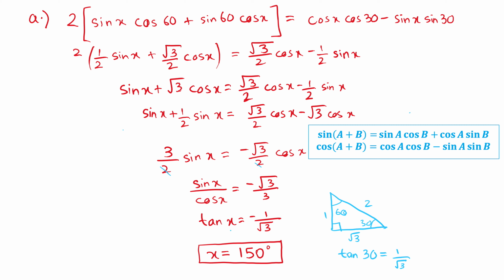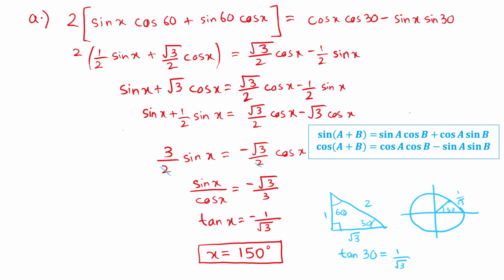but we need negative 1 upon root 3. Now this is where a good understanding of the unit circle helps. So I will draw the unit circle. So this is a rough unit circle. Now 30 degrees is right here, somewhere here, and tan of 30 degrees we know is 1 upon root 3. Now what we need to know is that tan is negative in quadrant number 2 and 4.